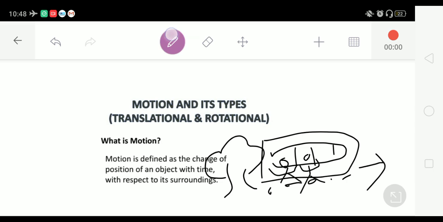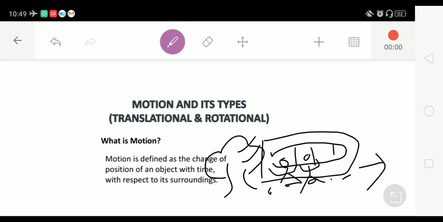So with respect to the tree, you are in motion, whereas with respect to the person sitting with you, you are at rest. That means a motion can only be justified if your position changes with respect to its surrounding. Only then you are in motion.